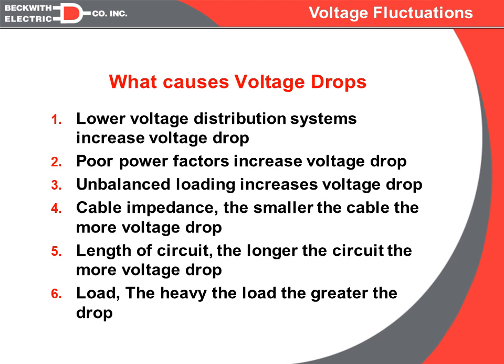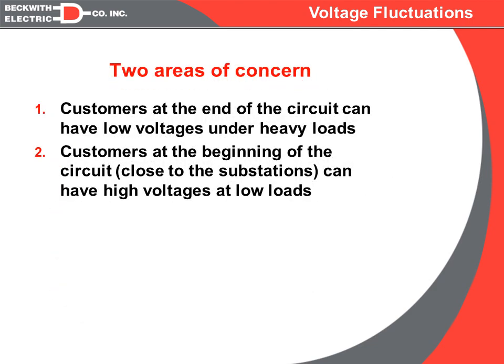The more impedance, the more voltage drop. Shorter circuits have less impedance, therefore less voltage drop. Also, load. As we stated, the more current that flows, the more voltage drop that's going to occur. So those are the areas or the ways that we can control the amount of voltage drop.